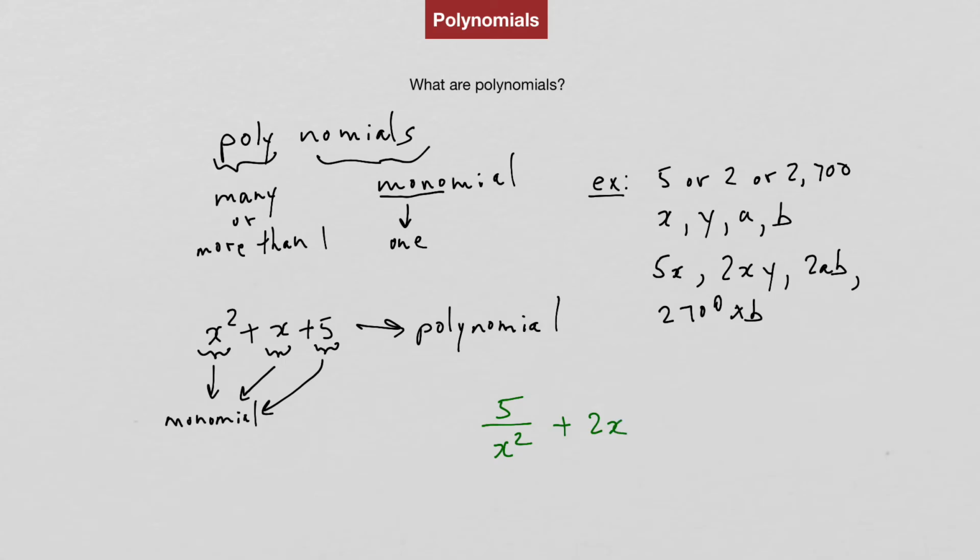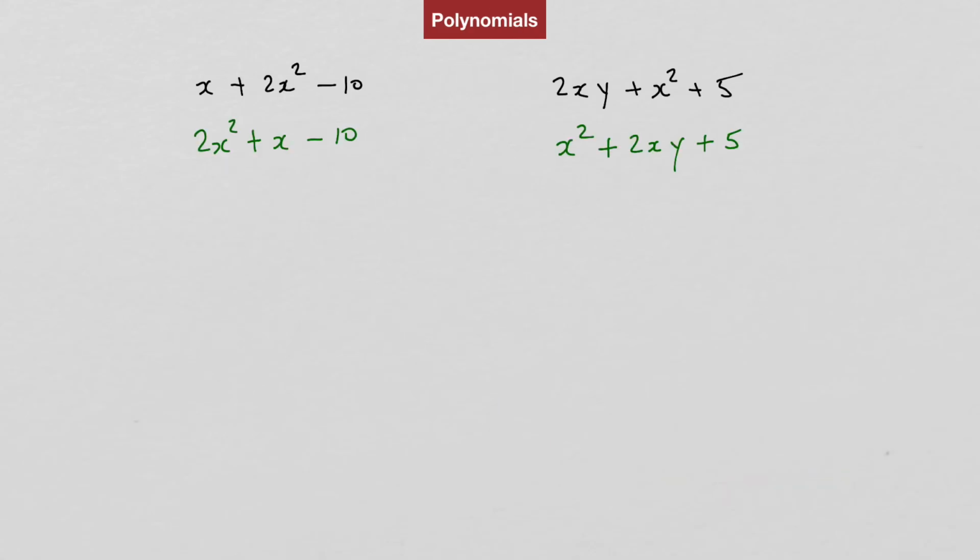This is actually not a polynomial, because if you were to rewrite this first term, this first monomial, it becomes 5x to the negative 2 plus 2x. Okay, so because this monomial is raised to a negative 2, where the degree is negative, this is not a polynomial.